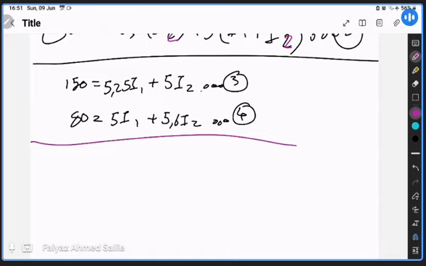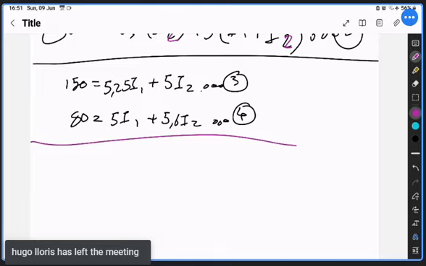You guys still here? Someone says they want to eliminate I2. Okay, so to eliminate one of them, there's the faster, harder method, and there's the easy, much more doable method.